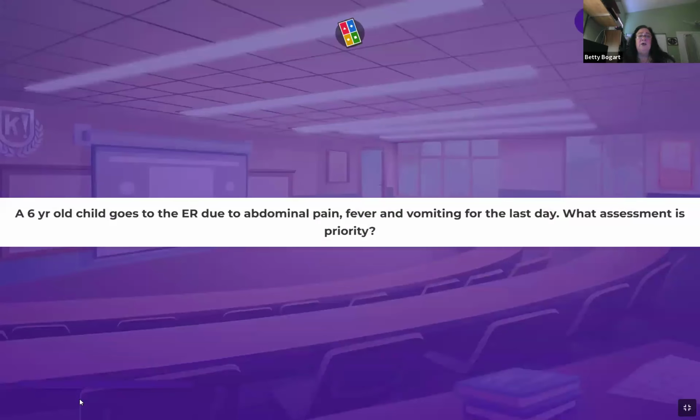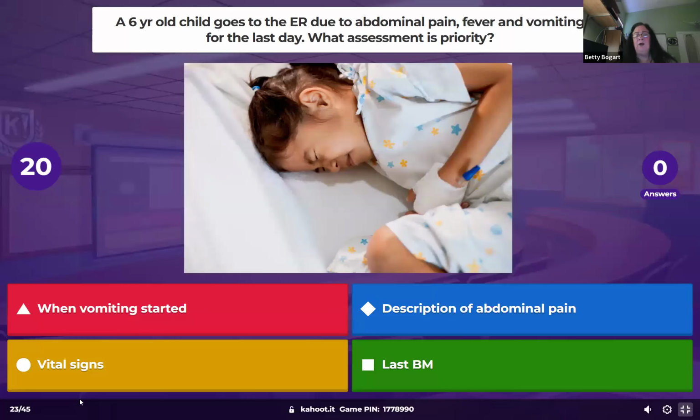A 6-year-old child goes to the ER due to abdominal pain, fever, and vomiting for the last day. What assessment is priority? What do you need to know about this child? I worked a lot in the emergency room the last 10 years of my career, and we used to get a lot of children in with abdominal pain.